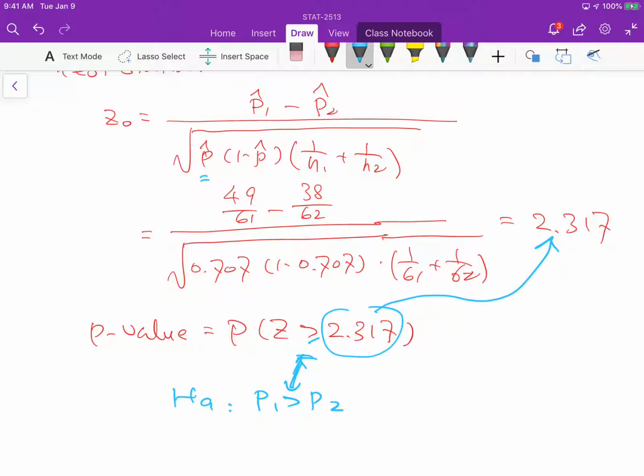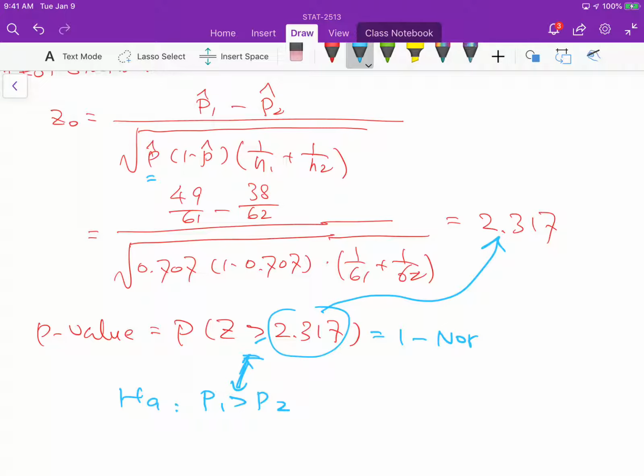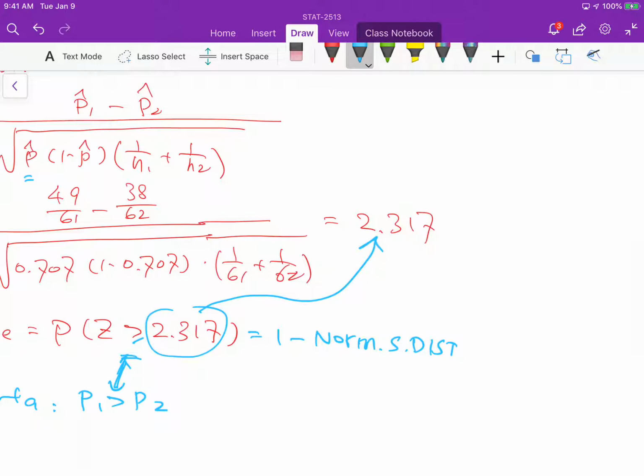You can use a normal table, or you can just use Excel: 1 minus NORM.S.DIST of 2.317 comma 2. Then you will get the p-value, which is 0.013. You compare the p-value with alpha equal to 0.05.